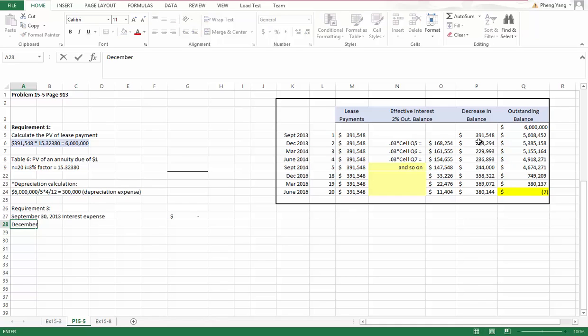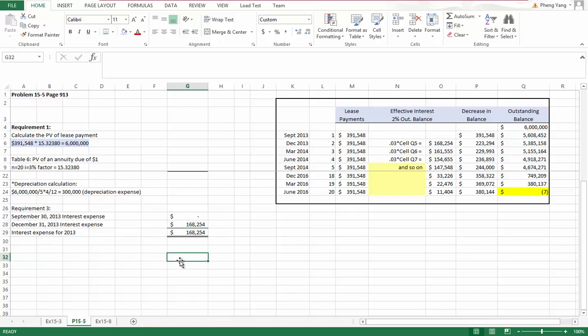payment. As of December 31st, 2013, the interest payments were $168,254. So my interest expense total is that 168,254.